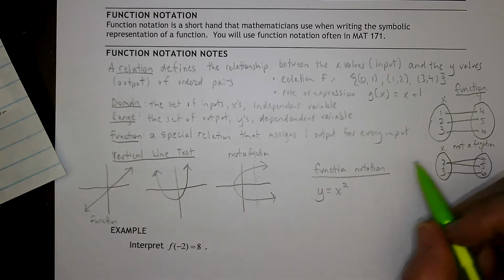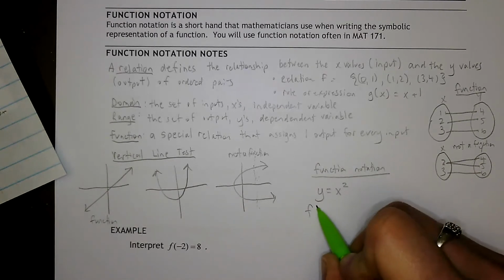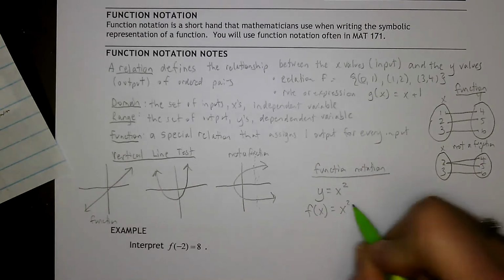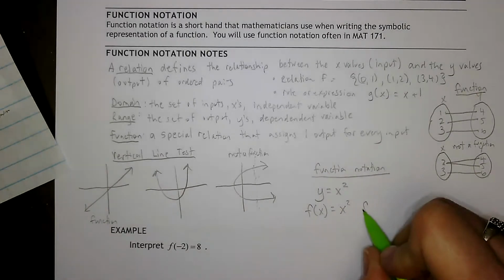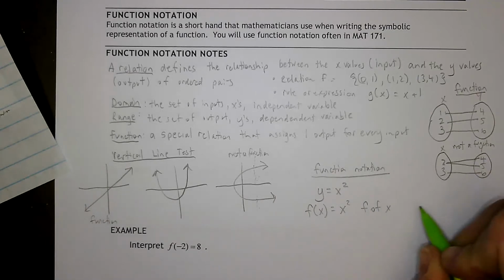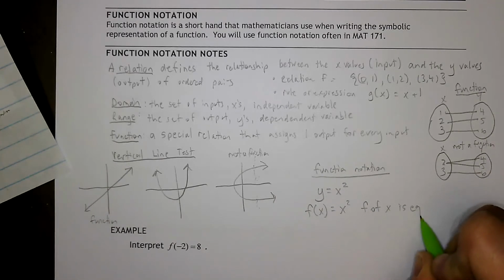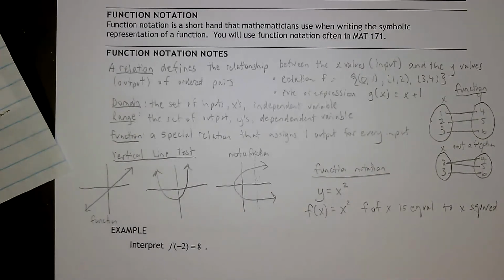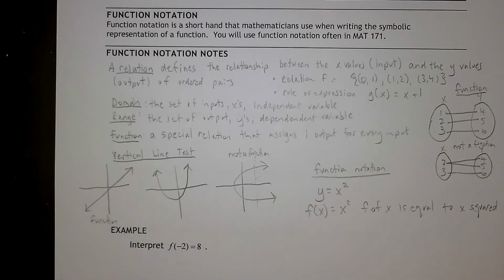In function notation, we would write f of x is equal to x squared, and that is read f of x is equal to x squared. So we call that shorthand. It doesn't appear as shorthand currently, but it is absolutely mathematician shorthand.